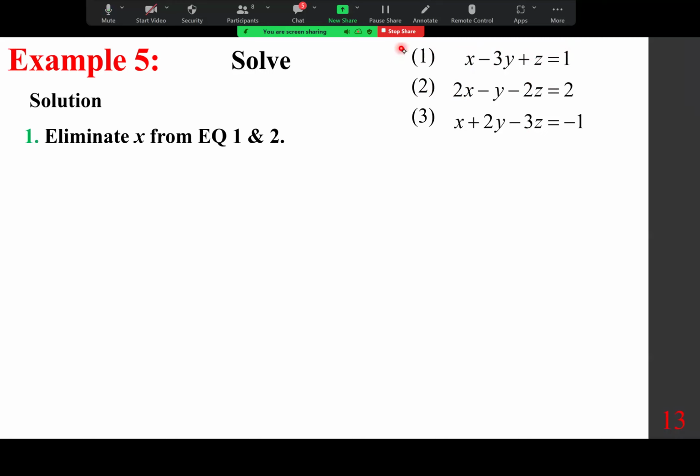So equation 1, if we multiply it by -2, what do we get? Minus 2x plus 6y minus 2z minus 2, and just write equation number 2.